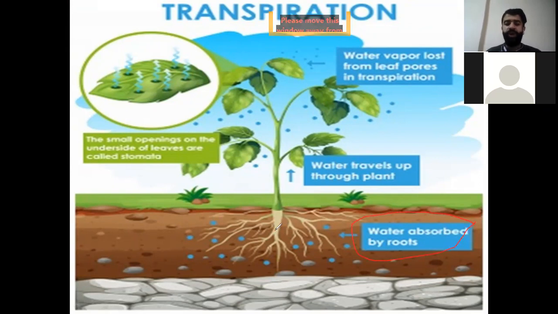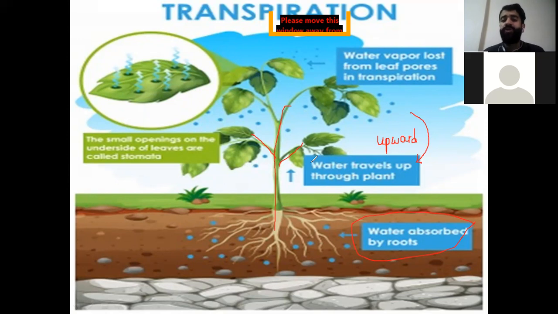It moves up from the roots to the stem, and then is distributed to the leaves in the plant. So here, upward movement of the water from the roots up to the stem and then to the leaves.